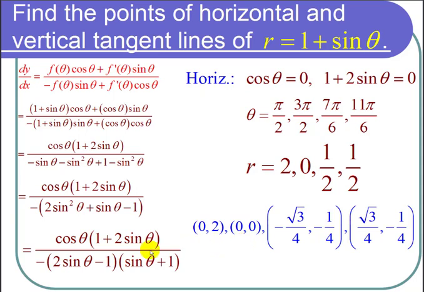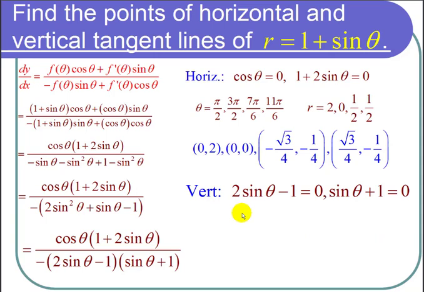So now let's find the vertical tangent lines. That means I set the denominator equals 0 so that the derivative is undefined, or the slope is undefined. So I set 2 sine theta minus 1 equals 0 and sine theta plus 1 equals 0. 2 sine theta minus 1 equals 0 when sine theta is a half, and that occurs at pi over 6 and 5 pi over 6.